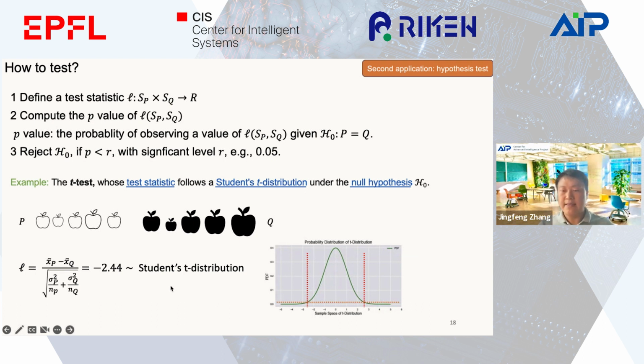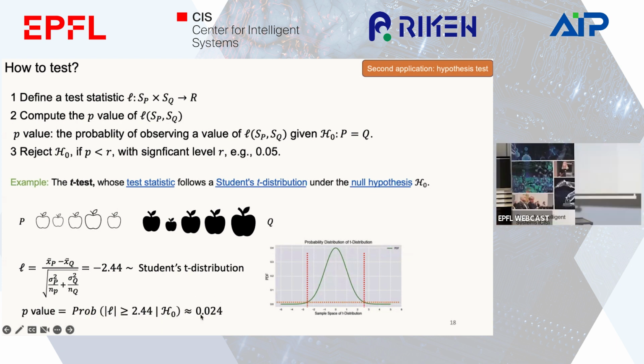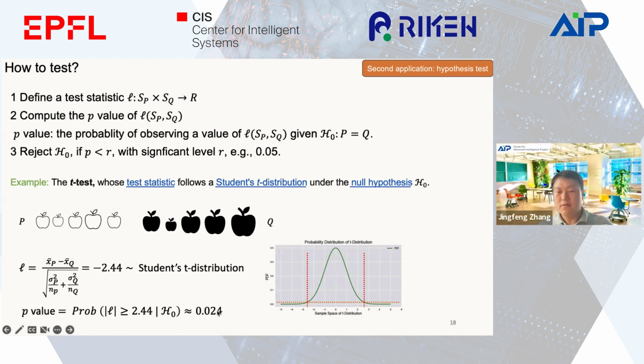We found that the probability of this test statistic under the null hypothesis is very low, for example, the probability is 0.024. Then we cannot accept. We have to reject the null hypothesis and conclude that these two batches of apples are of different quality.